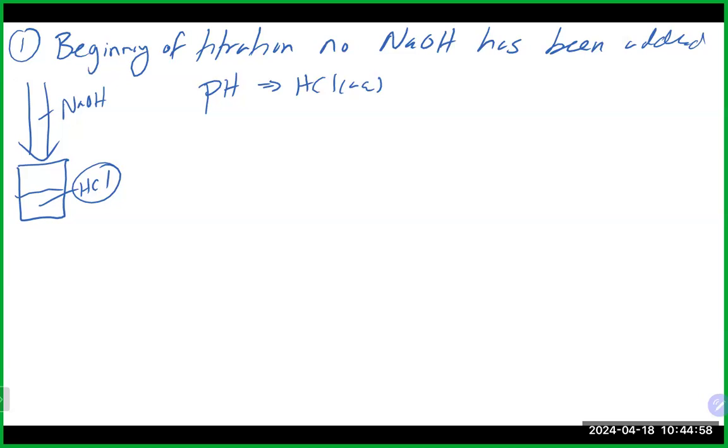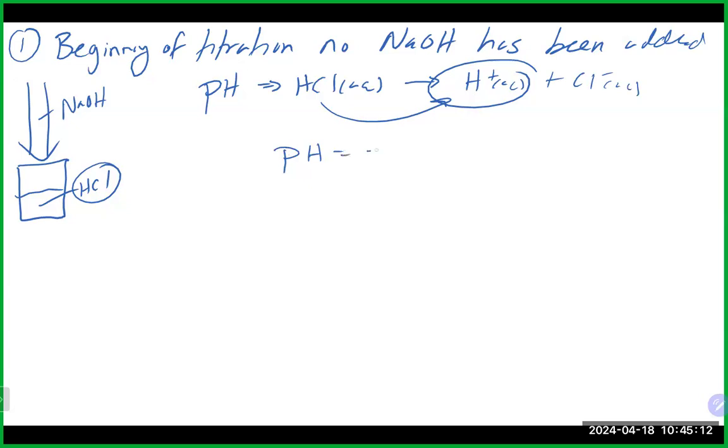Hydrochloric acid is what type of acid? It's strong, which means it's going to break apart into H+ and Cl-, which pretty much means I already know the H+ concentration. That means I could go directly into the pH equation at this point, and that will allow me to get the pH of my solution to start with.